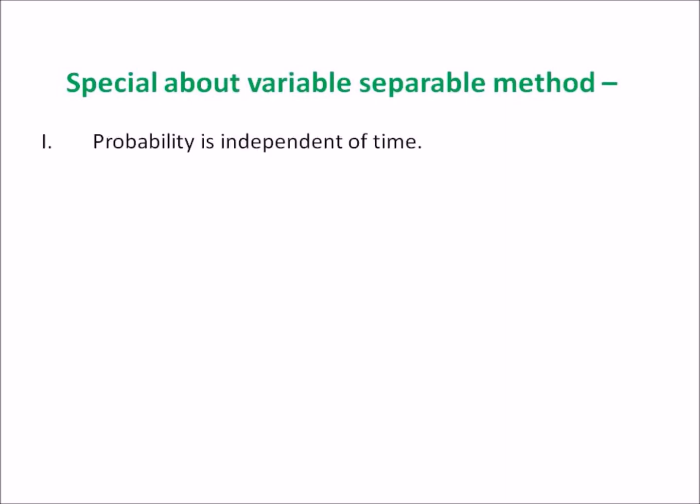One of them is that the probability of the wave function is always independent of time for a stationary state. We will see some examples in further videos, but we have calculated probabilities for some functions in previous videos, and each time only the space part is important, the time part always vanishes in the integral.